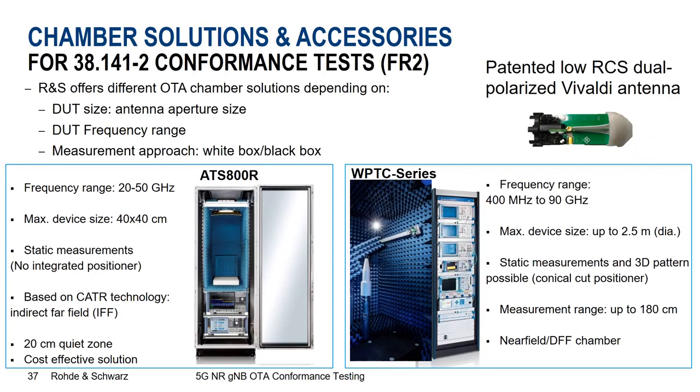As the connection between the measurement equipment and the DUT is an over-the-air transmission, all measurements need to be done in a wireless chamber. And here's just one slide to mention that R&S offers different kinds of chambers, and it mainly depends on the aperture size and on the DUT frequency range which chamber solution fits best for your device under test.